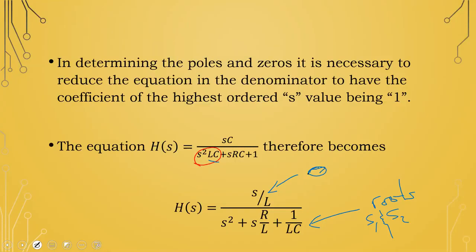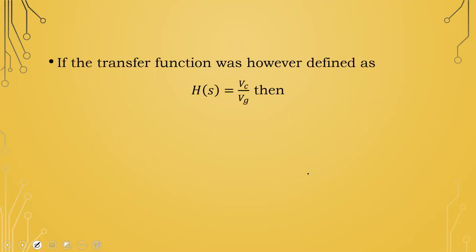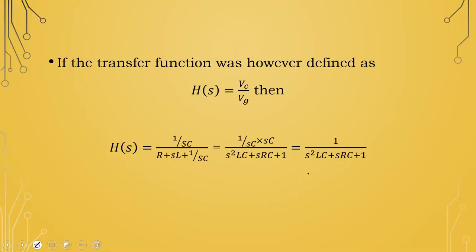And so if we were to define the transfer function, say, VC over VG, yes? Then we could use the voltage divider, and it would be 1 over SC, over R plus SL plus 1 over SC.